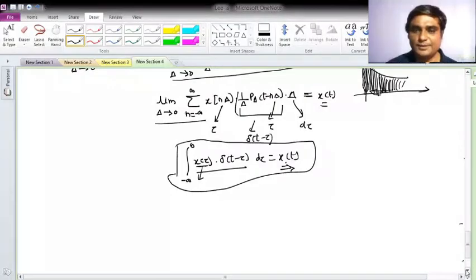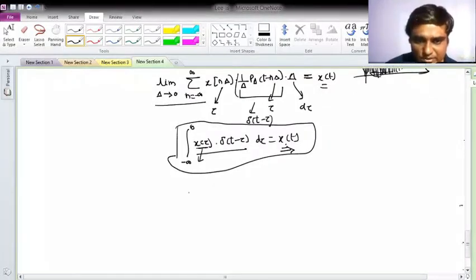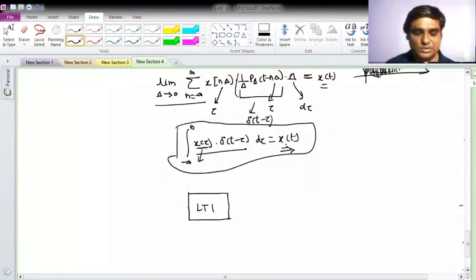Now let us apply this delta function to our circuit, and we assume that this is our LTI circuit, because already at the start we have seen the definition of linear time invariant, right?